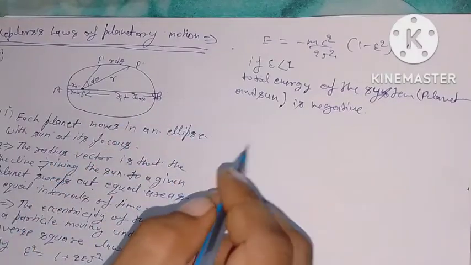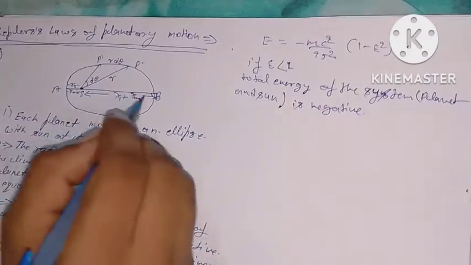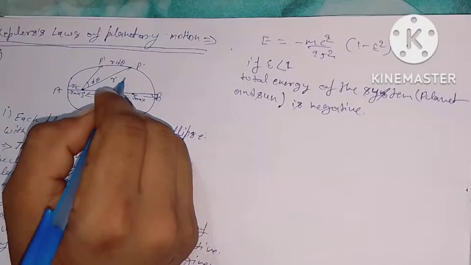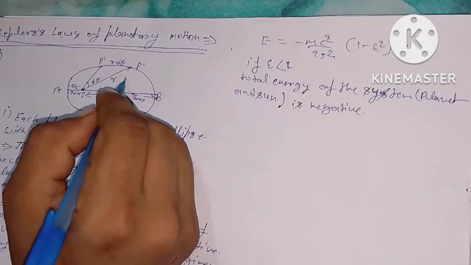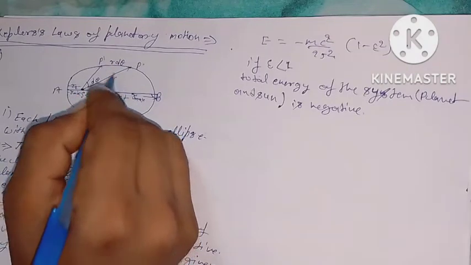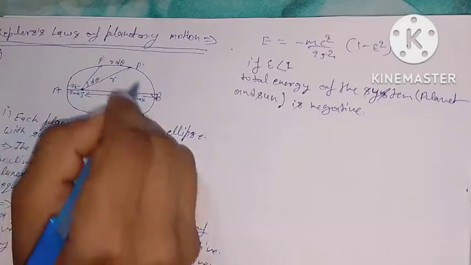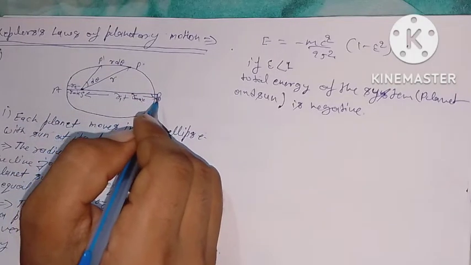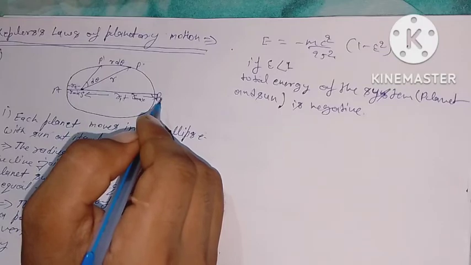The planet remains bound to the attracting center, the sun. As the planet is bound to the sun and cannot escape from it, it moves around the sun in a closed elliptic orbit. This establishes Kepler's first law of planetary motion.